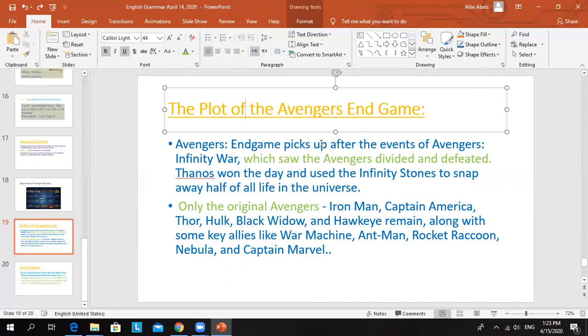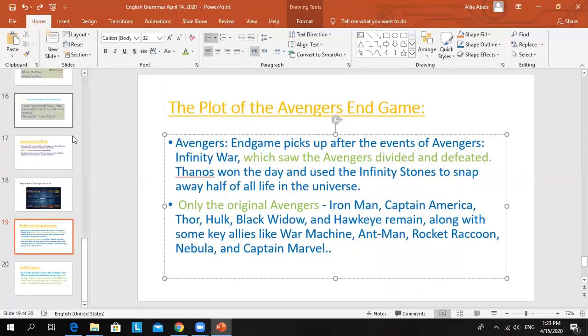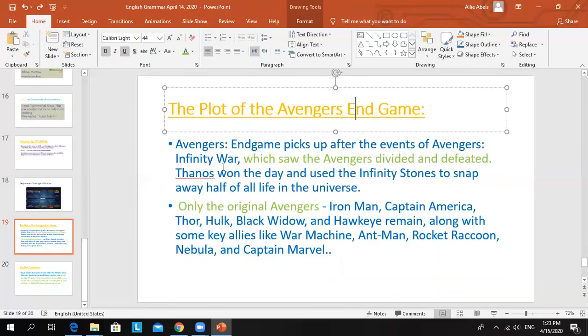Avengers Endgame picks up after events of Avengers Infinity War, which saw the Avengers divided and defeated. Thanos won the day and used the Infinity Stones to snap away half of all life in the universe. Only the original Avengers, Iron Man, Captain America, Thor, Hulk, Black Widow, and Hawkeye remained, along with some key allies like War Machine, Ant-Man, Rocket Raccoon, Nebula, and Captain Marvel.